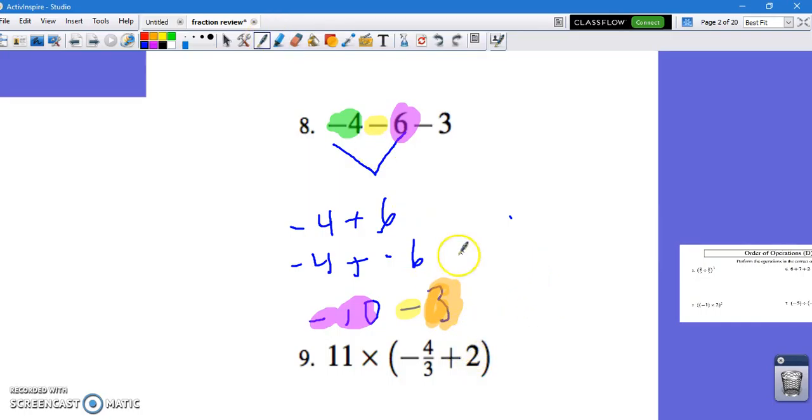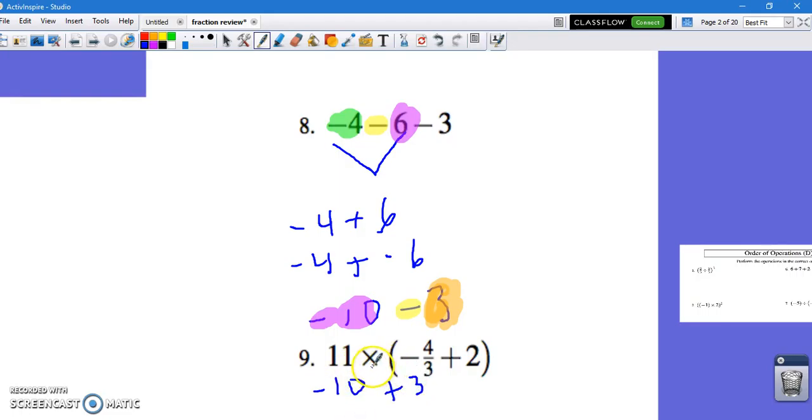Again, if this were a -3, it would have looked like this: -10 minus -3. But you don't have that extra negative sign, so that means it's positive. Now we follow the subtraction rules. Remember, -10 plus 3.